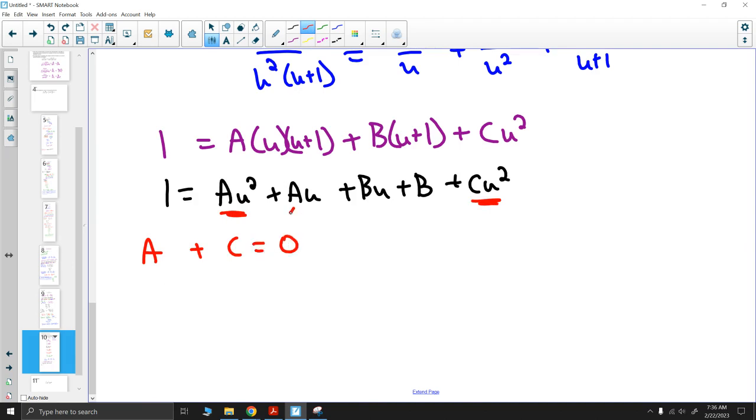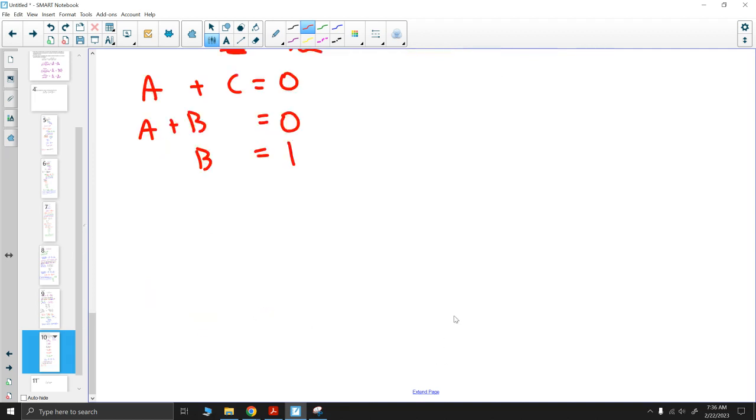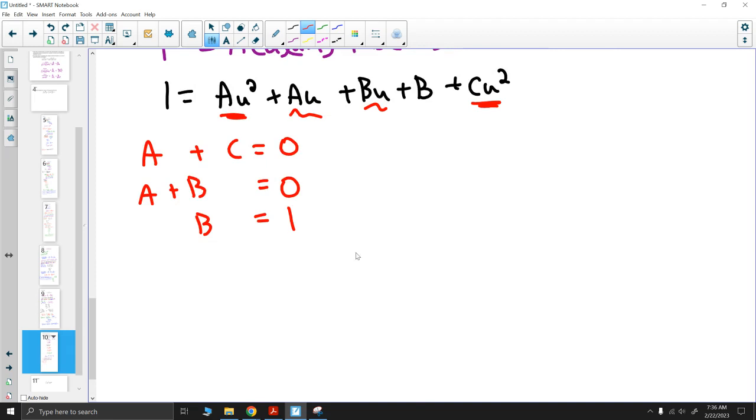Now our u's: a plus b equals 0. Now our constants: b equals 1. So then a must be -1 since 1 plus -1 is 0. So a is -1, and if a is -1, then c is 1 to make that 0.